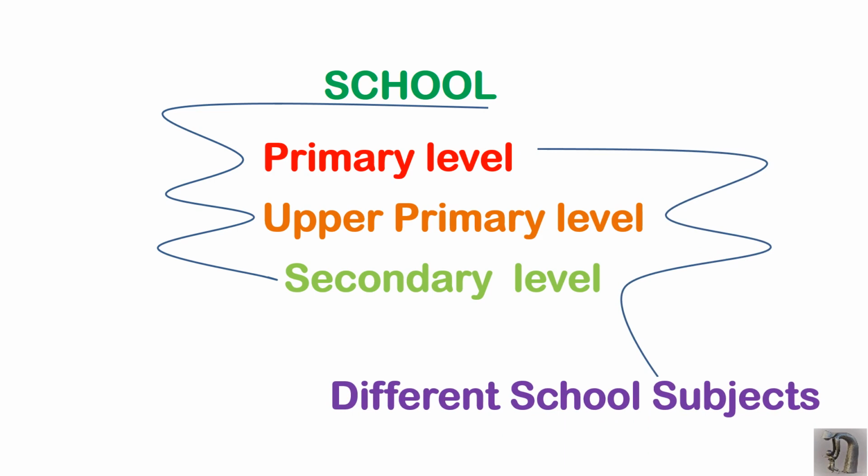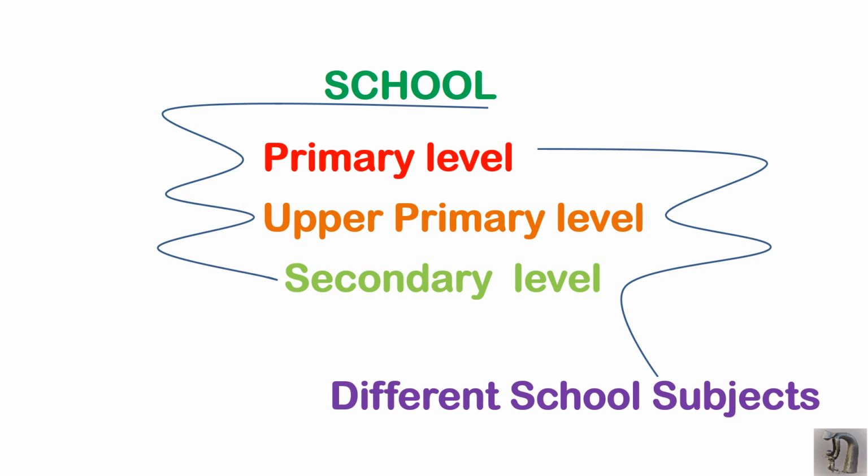So our target today is to understand how we are going to do adaptation in different subjects. Here we are going to understand based on the levels. First we are going to see what the subjects are in primary level and upper primary level, and then we will try to understand what kind of adaptation and modification we can do.